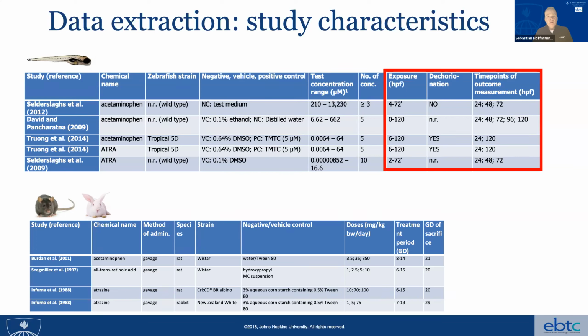Also, the chorionation status: in some studies, the chorion was removed, in others not. And again, in others, it wasn't reported at all. And as well, you see that the time points of outcome measurement differed between the studies. So here you see the first proof of the heterogeneity we anticipated in the zebrafish studies.